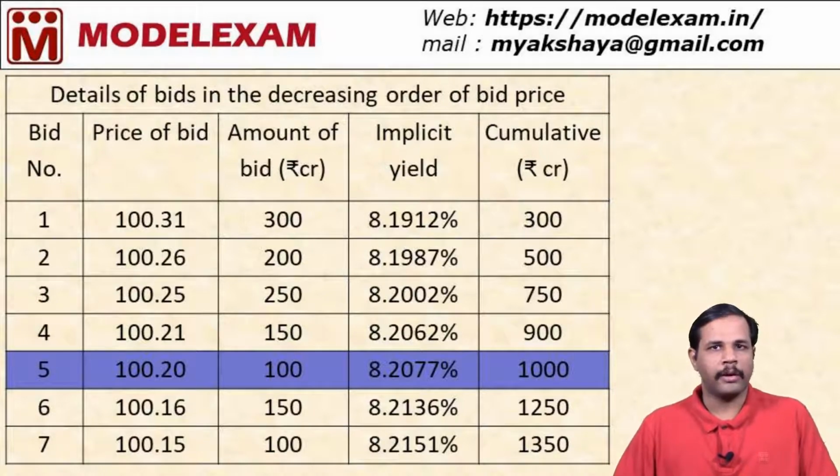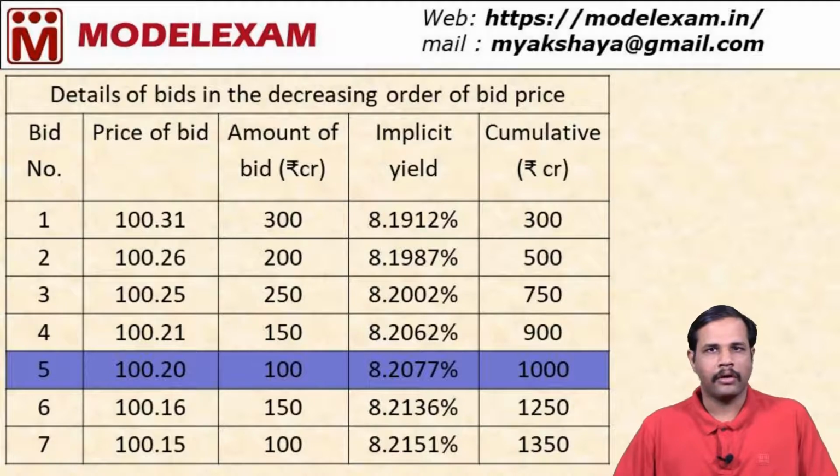Since the notified amount is also 1000 crore, the bids are sealed here, and the price of 100.20 shall be taken as the cut-off price. Any bid above the cut-off price or at the cut-off price, that is the first 5 bidders, are considered successful. Any bid less than the cut-off price, that is the 6th and 7th and so on, are rejected.